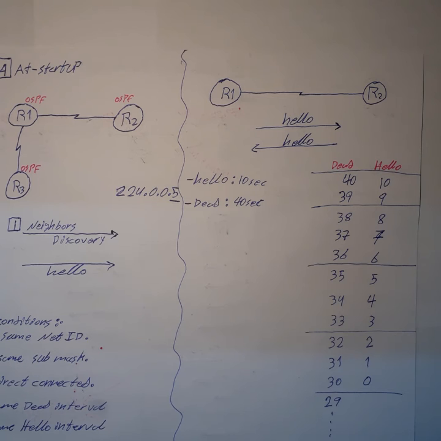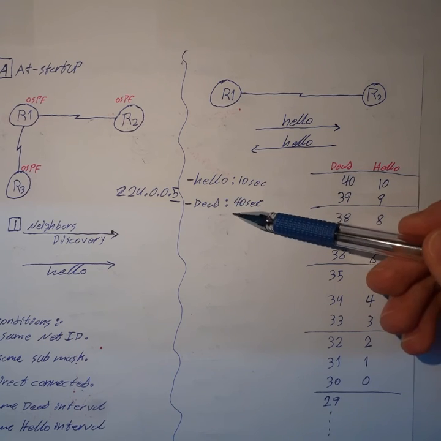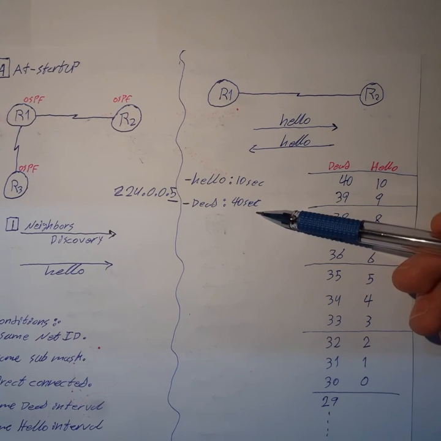Both routers keep sending each other a hello message every hello period of time. Let's say it's 10 seconds. There will be a counter, right? This counter for the hello message, as we said, is 10 seconds, and the dead interval will be 40 seconds.